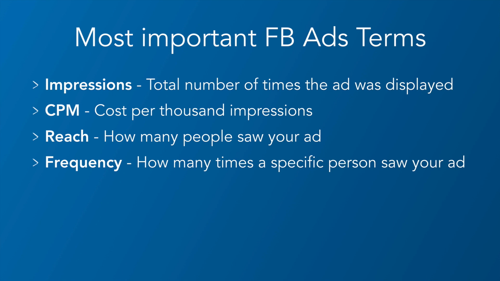So if we can only reach 1000 people within a day, and your CPM is $5 per 1000 impressions, the reach is only 1000, but the impressions could be 2000, which means every person saw your ad twice. So here the frequency will be 2.